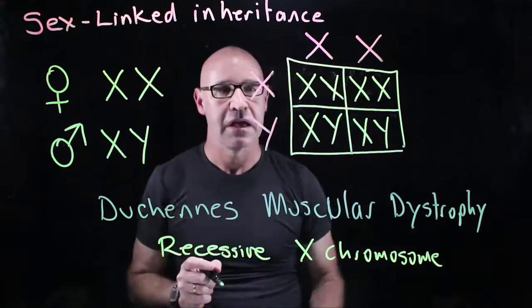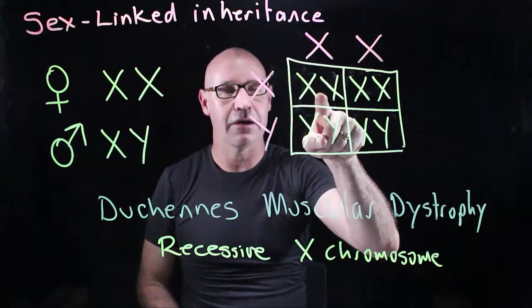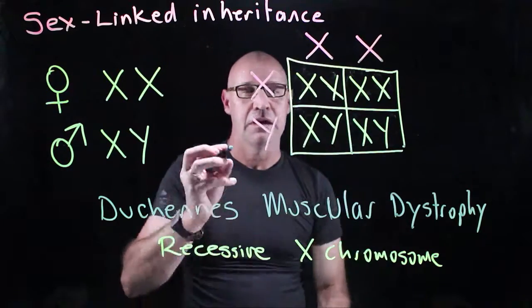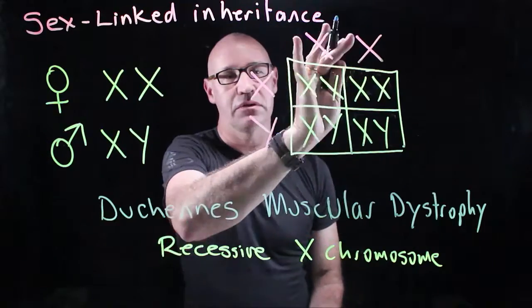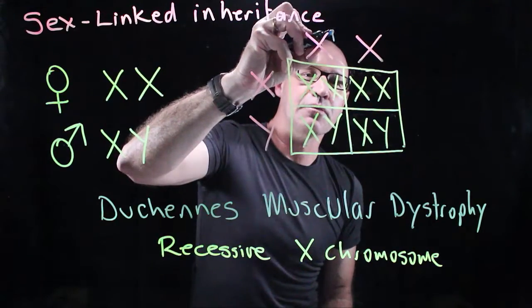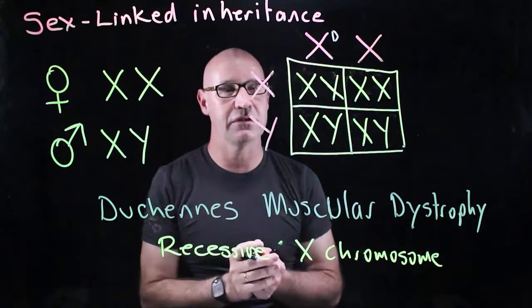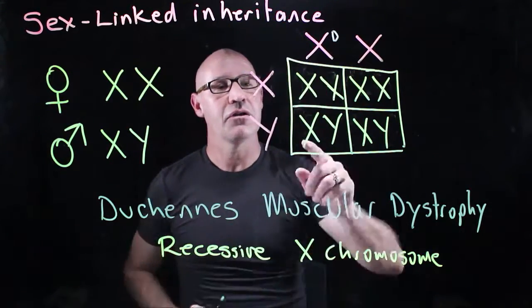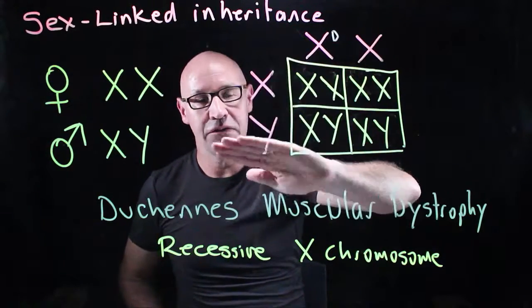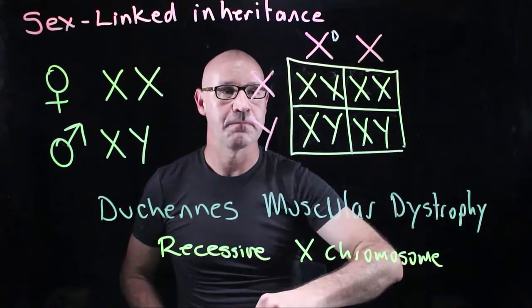So let's have a look. If we've got a female offspring, let's say, for example, the mother is a carrier of the gene. So we're just going to put a D up here for Duchenne muscular dystrophy. So the mother is a carrier. The father is normal, he's not affected at all.